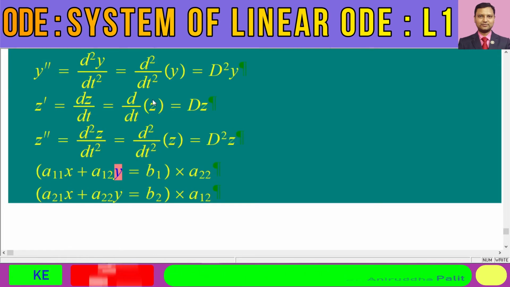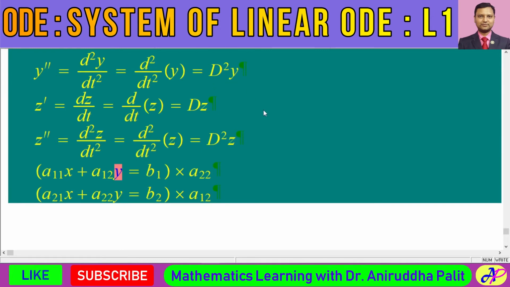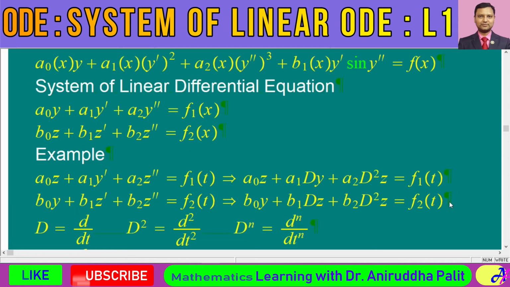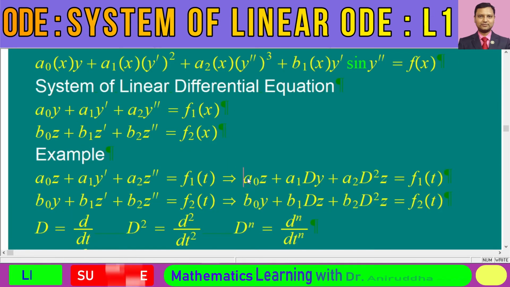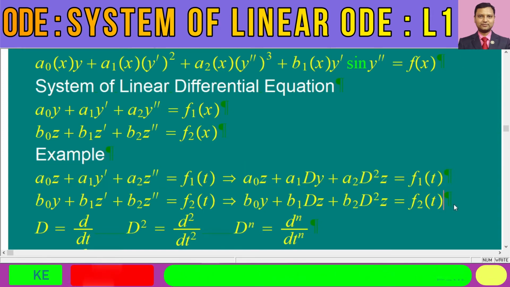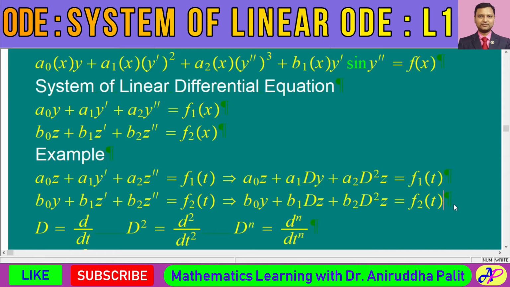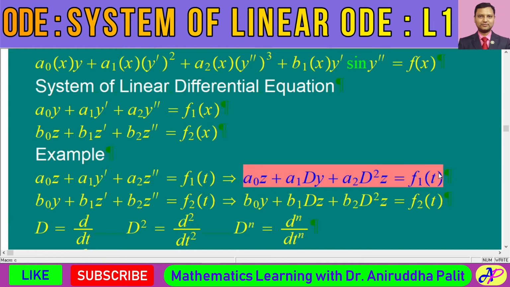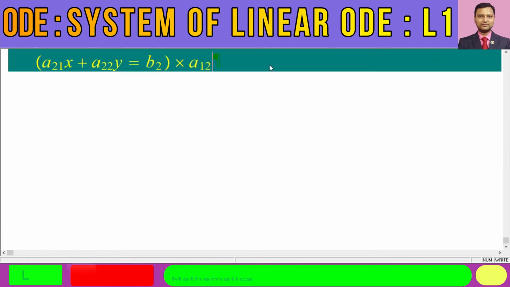Okay. Now, if you want to apply the same technique in these two equations, got it? If you want to apply the same technique in these two equations, then how to apply that technique? Let us copy these two equations at first.